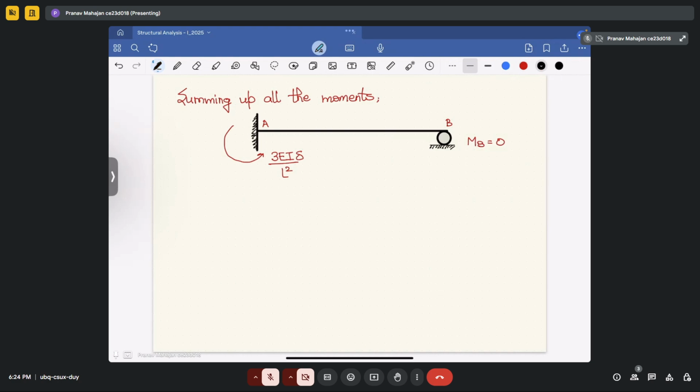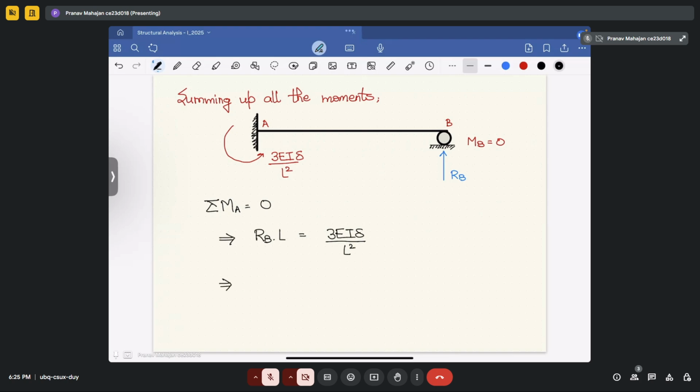Fine. Now we have one reaction here, also RB. If we take summation of moments about A equal to 0, it will give you RB into L equal to 3 EI delta upon L square.